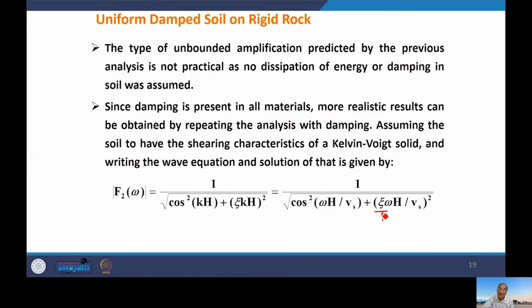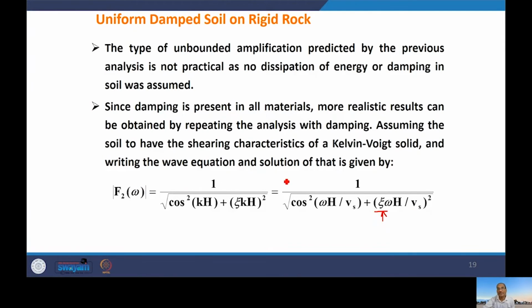This parameter is nothing but the damping ratio of the soil, chi. Now let's say there is no damping in the soil. If I put chi equal to 0, then again the solution is the same as earlier. That means this will relate to this term. So this solution can be used even when you don't have damping in the system, simply by putting chi equal to 0.